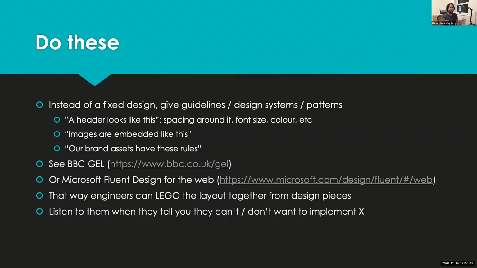They are kind of like these modular things that you can put together. So that way we can just Lego the layout together once we have the content, and then everything is just going to work.